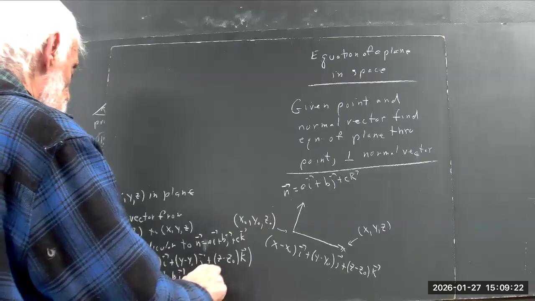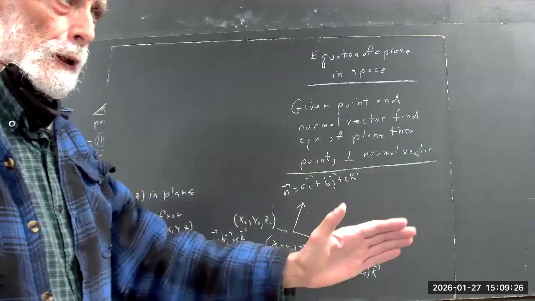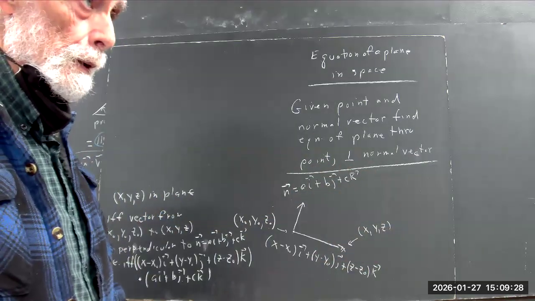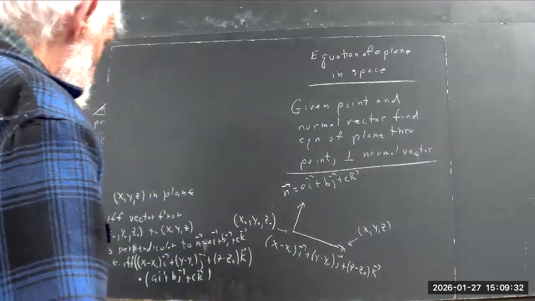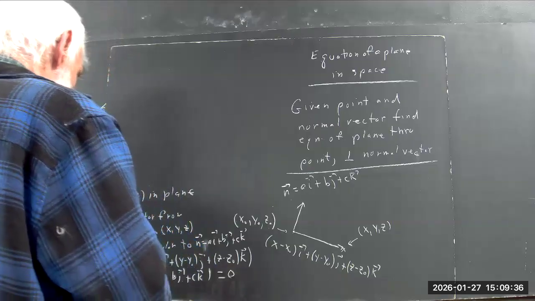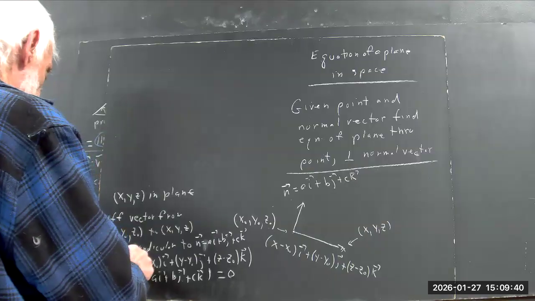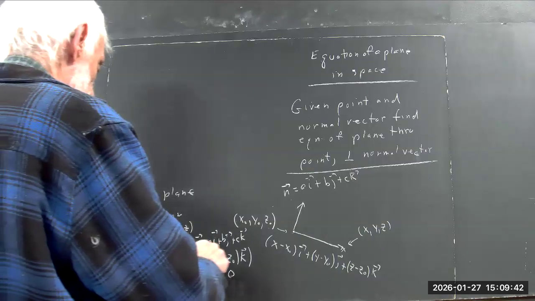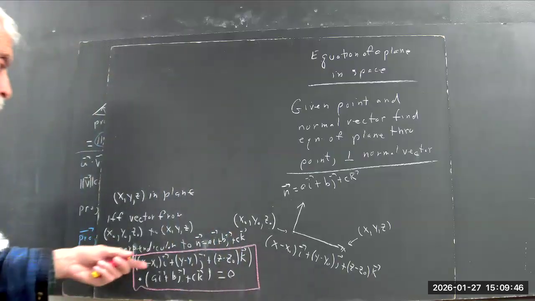Now, what can you tell me? What's the condition for two vectors to be perpendicular in terms of the dot product? The condition is that the dot product is zero. I didn't plan my board space very well there. I kept thinking I was going to have room to write this, but spread it over two lines. There's your condition.